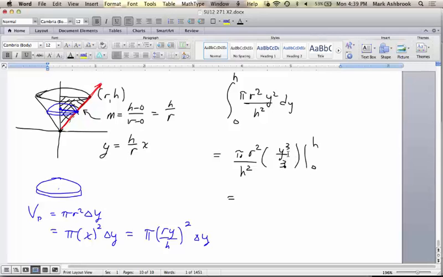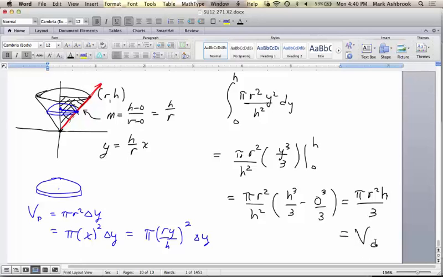So we're going to have h cubed over 3. So pi r squared, h cubed over h squared is just h, so you get pi r squared h over 3. Volume of the cone.